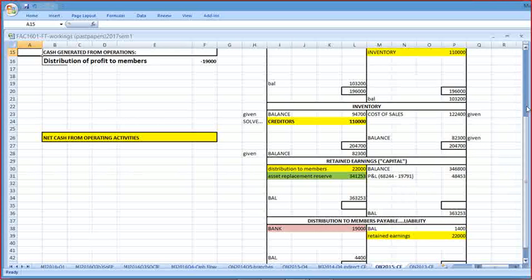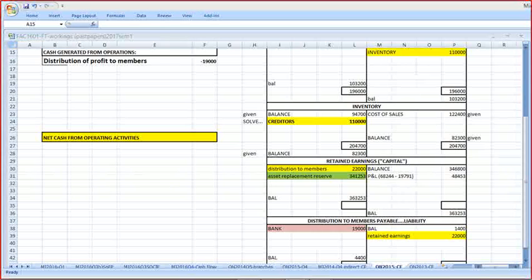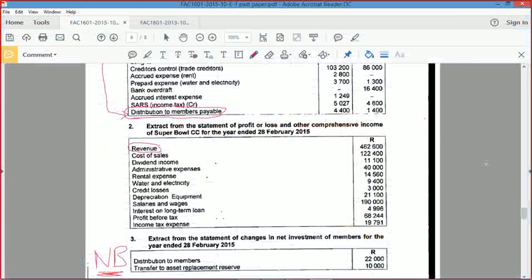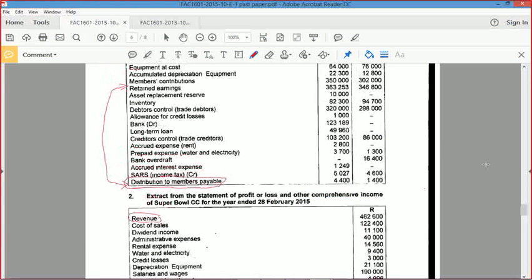Go back to the question, keep going down the list. What's next? After that, asset replacement reserve, which we looked at. Inventory we looked at. Debtors control we looked at. Allowance for credit losses, I don't think you'll need.